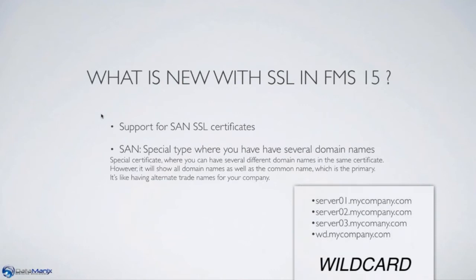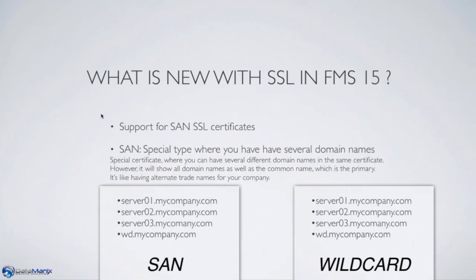So mydomain.com needed to be the domain name, and then in front of that you could have multiple things. Now, if you have several domain names, it could, for example, be .com and .net and .org. Those are three different domain names. You can get those together into a SAN SSL certificate.